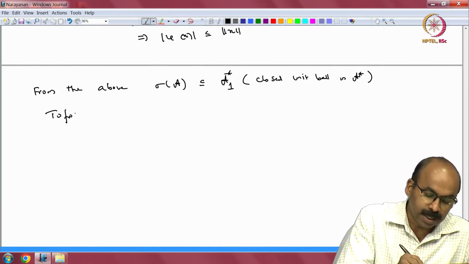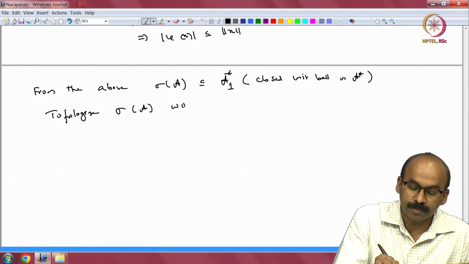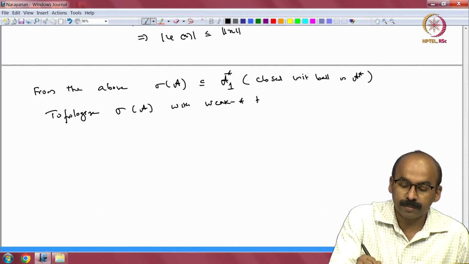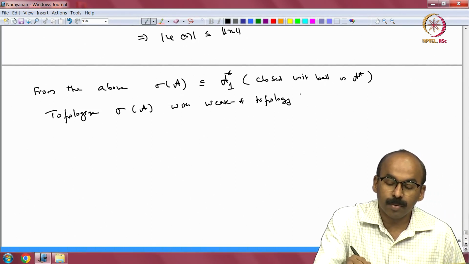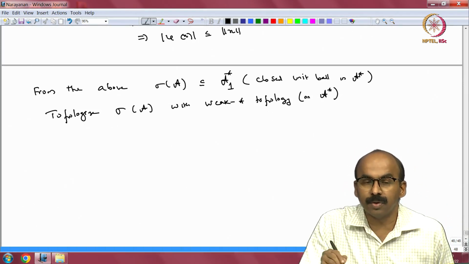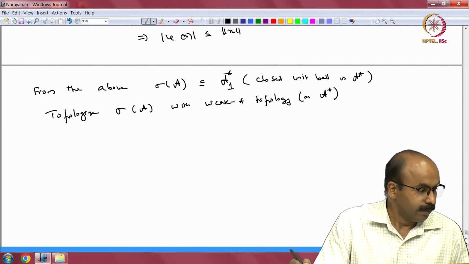So, topologize sigma A with the weak star topology on A star. We have a natural weak star topology on A star, you restrict that to your subset sigma A, and that is all there is.